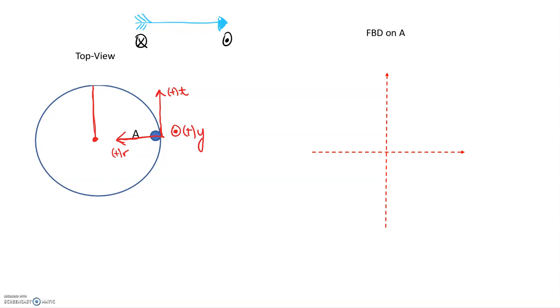So we'll start by labeling those. So positive Y direction's just normal. So we'll call that F sub n. And then in the negative Y direction, so going away from us, or the back end of the arrow, is the weight force.